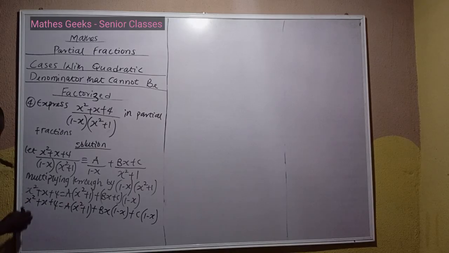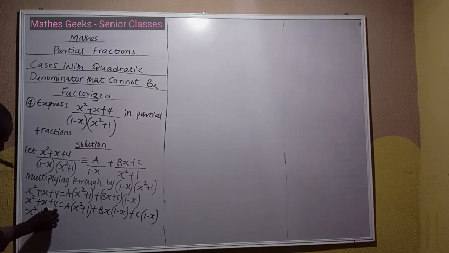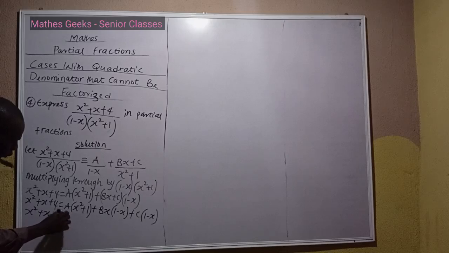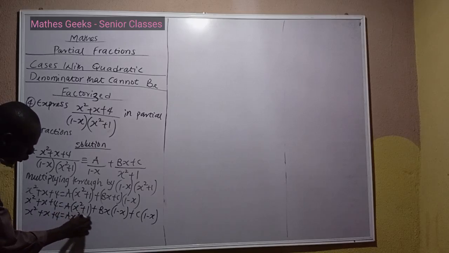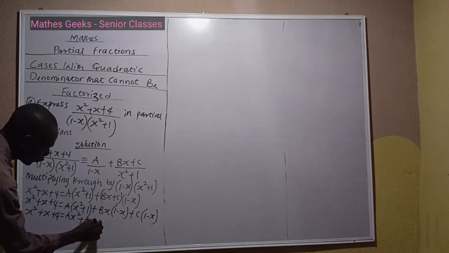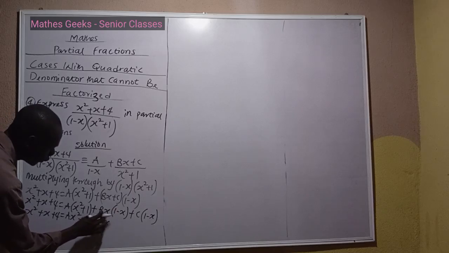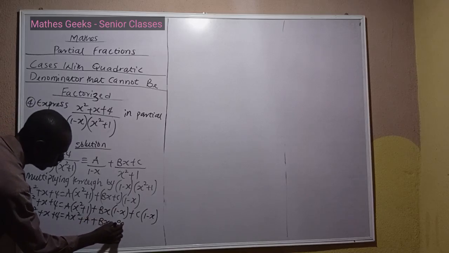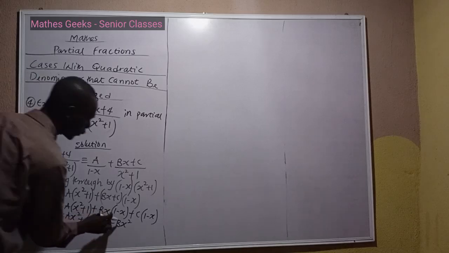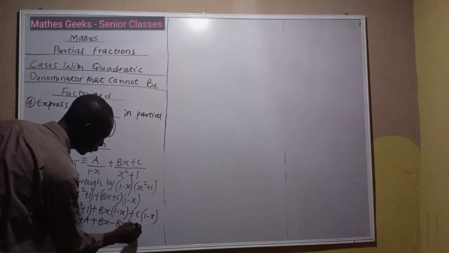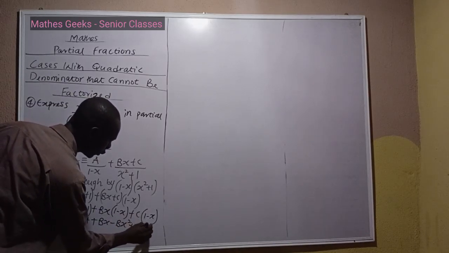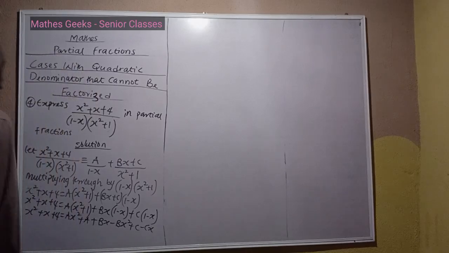So x squared plus x plus 4 equals a x squared plus a, times 1 gives us a, bx times 1 gives us bx, yes, gives us minus bx squared, plus c times 1 gives us c, minus cx.